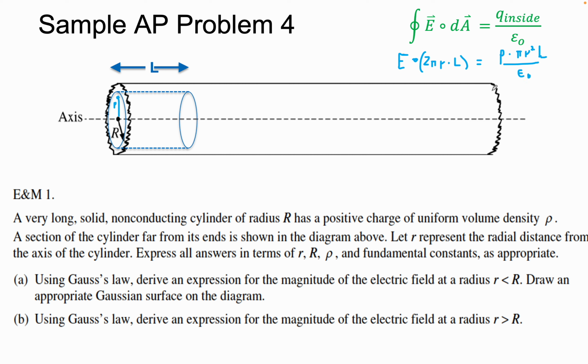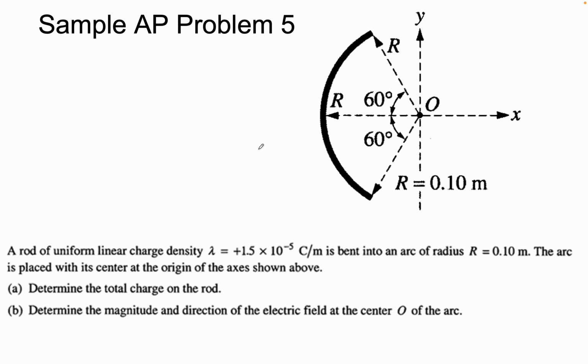And let's see, we got a pi and an r will cancel, L cancels, and so the electric field on the inside should just be rho r over 2 epsilon naught, if I did my math right. So inside, electric field actually increases as r increases. On the outside, decreases as r squared.